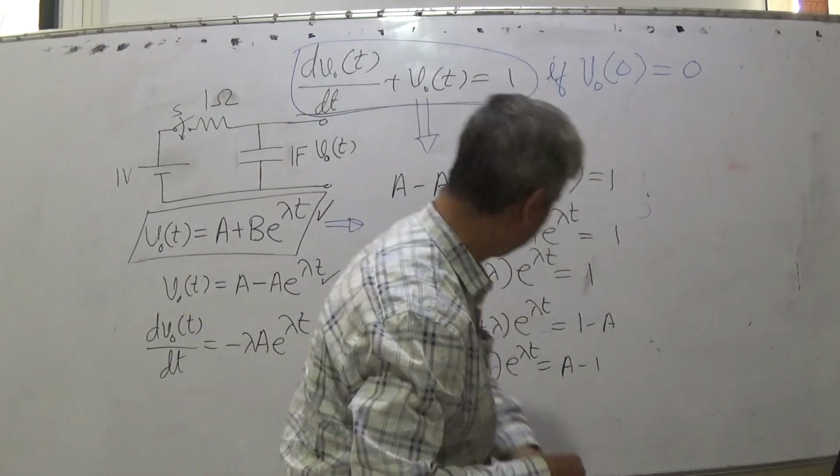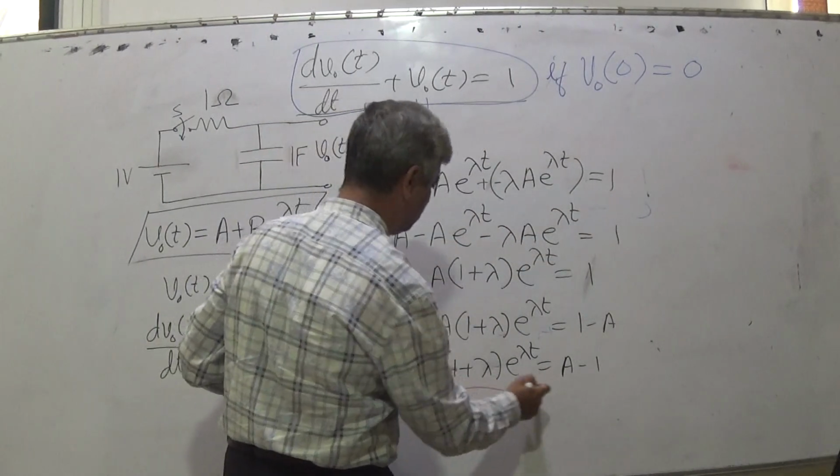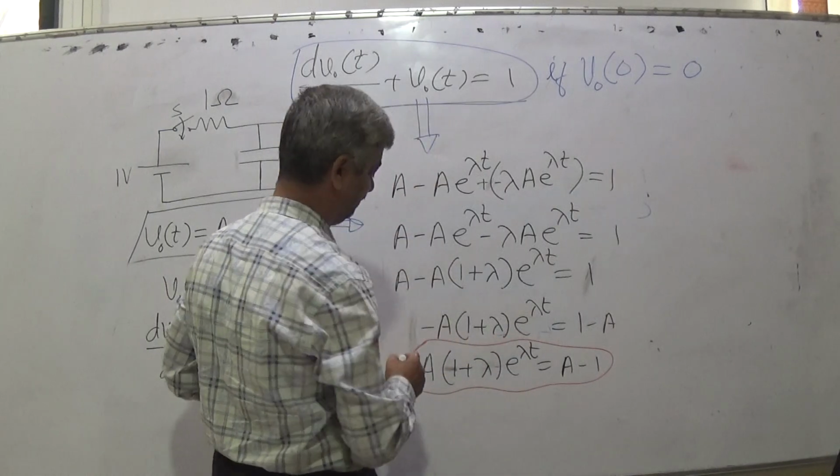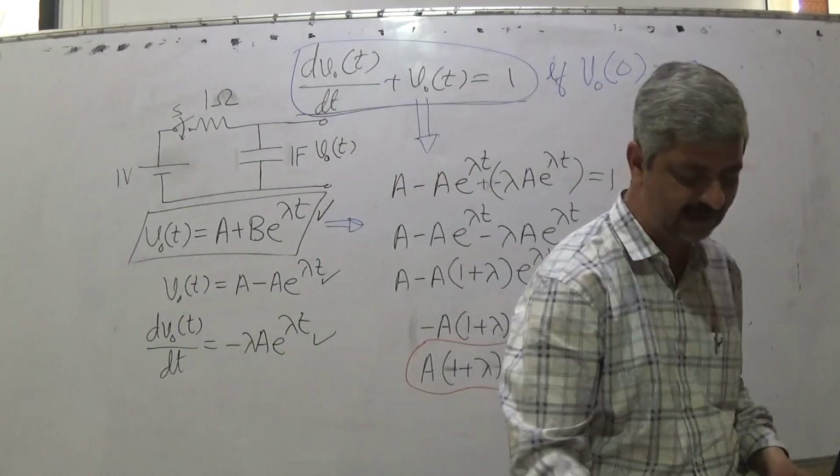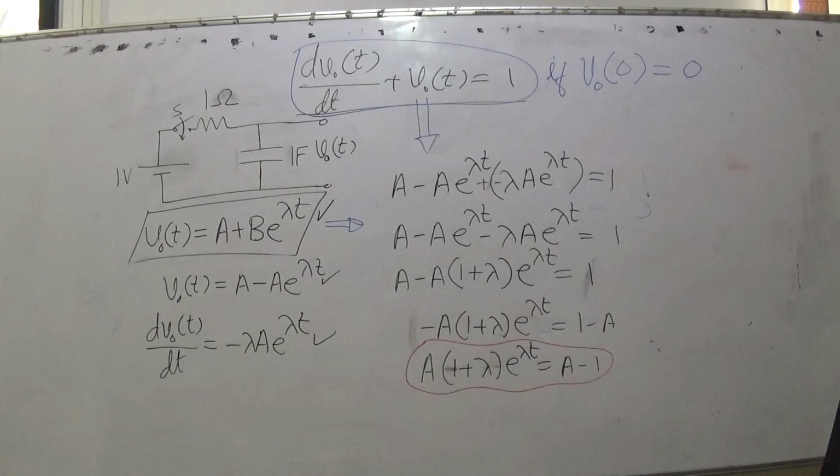So this is an expression which contains two variables and one equation. Variables are A and lambda and equation is 1. What is the solution? What is the answer?